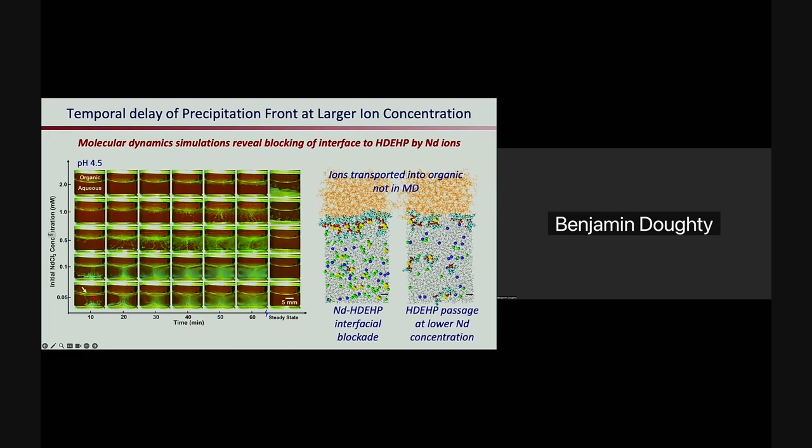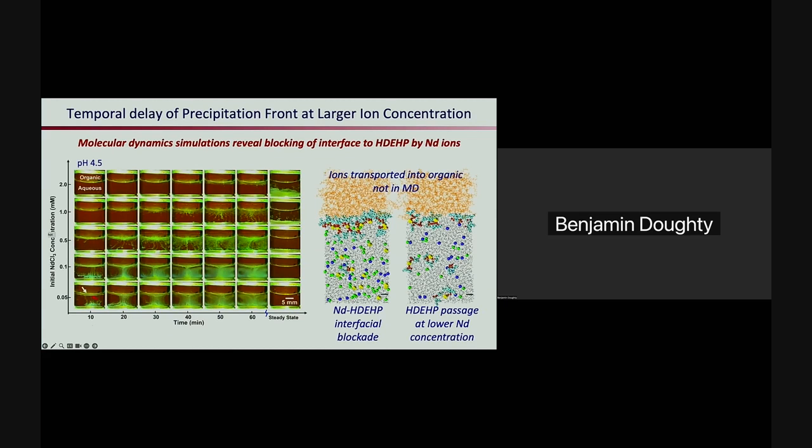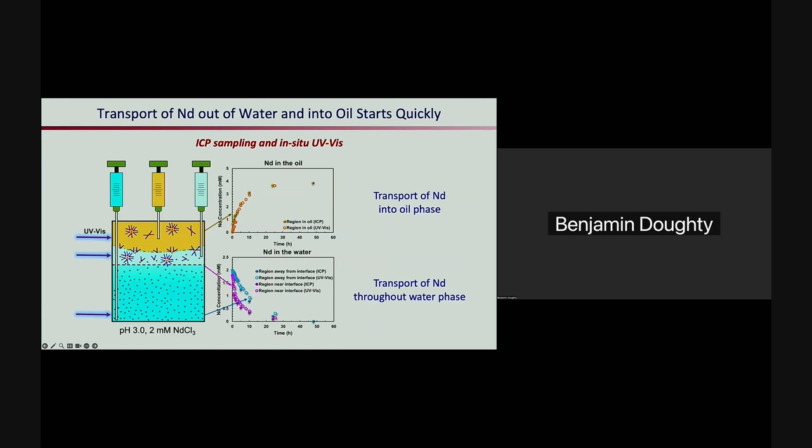Yeah, like I understand this is something that over a long enough time, it's all going to separate itself back out. But do you get the impression that this blockade, it's blockading the ligands from going into the aqueous phase, but also it's blocking the ions from transporting back into the organic phase? Yeah. So I was wondering, do you see a delay in maybe what's extracted into the organic phase versus what's extracted into the aqueous phase?